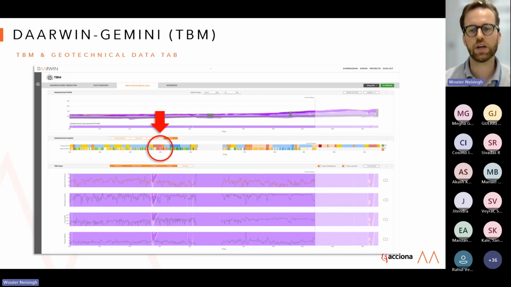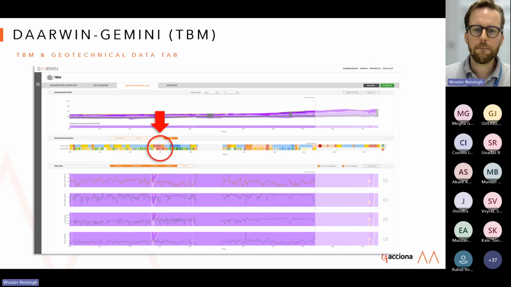Based on the specification of that report, we know if we have some type of friction, permeability, stiffness in the rock, RMR, etc. What you, for instance, see in the red circle is that the geotech prediction is we will experience high RMR, and indeed you see that the actual situation is that a bit later we were experiencing that high RMR.